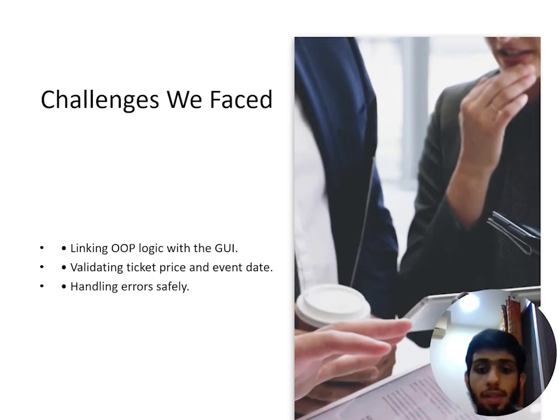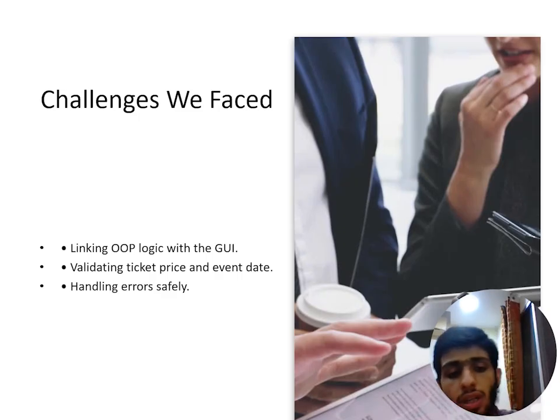So, challenges we faced. We faced a few challenges during development of our smart event management system. One of the biggest challenges was connecting our OOP with the graphical user interface. Another challenge was validating ticket price, making sure it is positive, and the date, making sure it is valid.